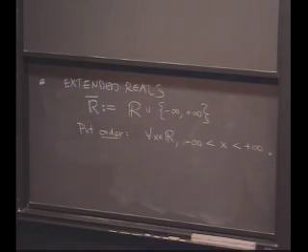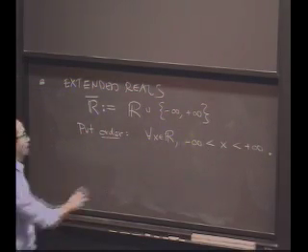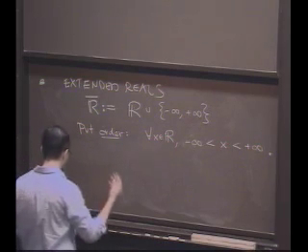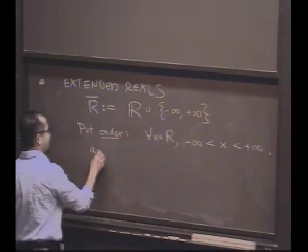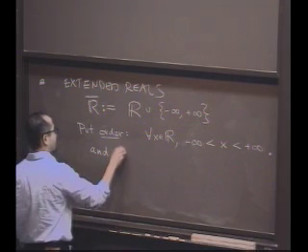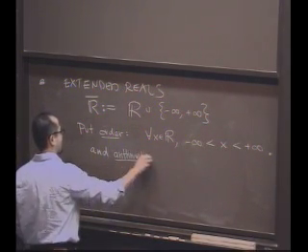Okay? And now you might say, well, what about arithmetic? Can I extend the arithmetic on the reals to the extended reals? And the answer is, yeah, you can try. And so here's at least a partial attempt at an arithmetic.